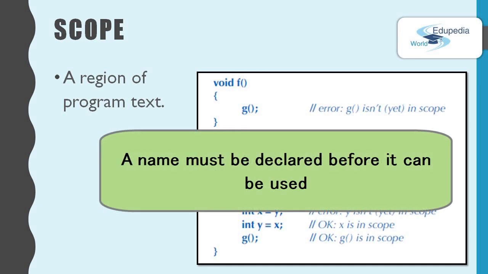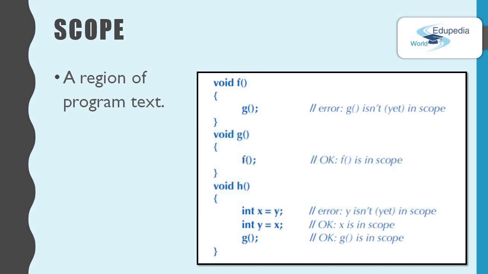The rule that a name must be declared before it can be used still holds. So the function f cannot call the function g, because the function g is declared below the usage. So when f calls g, as the declaration of g is below the usage, there would be an error saying g was not declared in this scope.